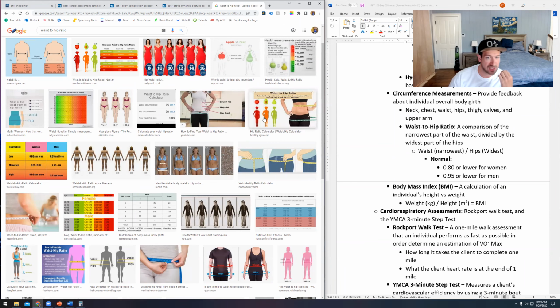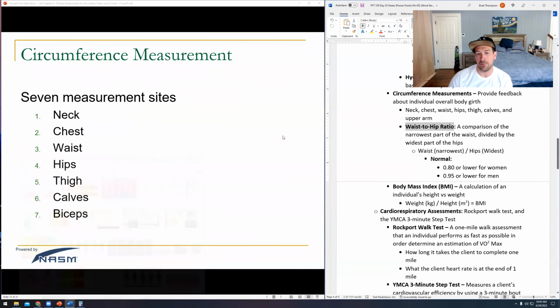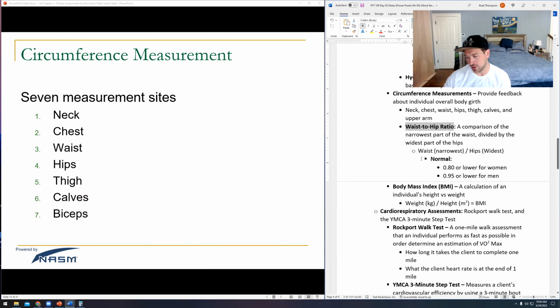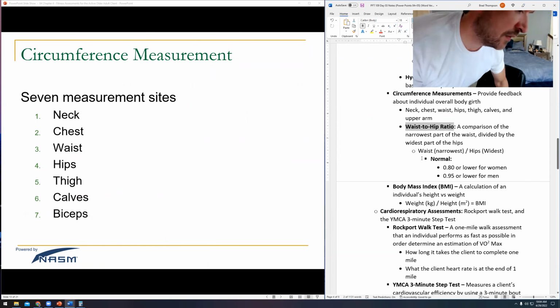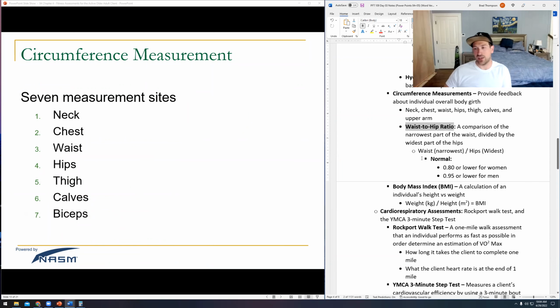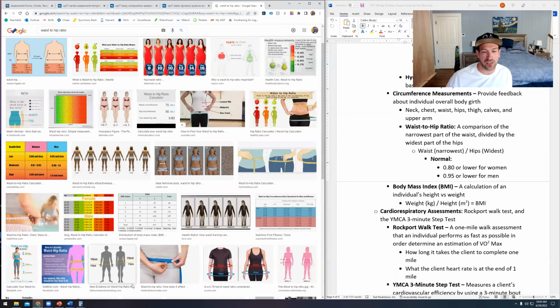So we pay attention to that waist to hip ratio because if it falls outside of those normal ranges, remember, I've said this before, if your BMI is outside of normal ranges, that doesn't necessarily directly translate to you being unhealthy. But if your BMI is outside of normal ranges and your waist to hip ratio is outside of normal ranges and you've got excess body fat, right? Like the more things we're checking off, the more at risk we are. So this is just one more statistic that we're sort of looking at there.